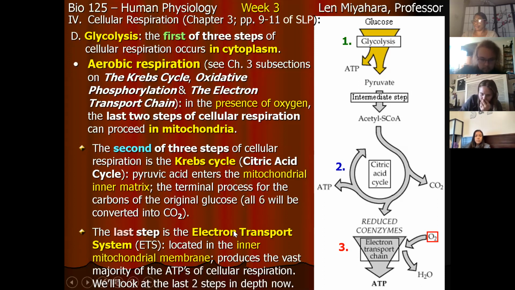So let's go ahead and review what's on this slide as far as the parts of the mitochondria, because you do have to know mitochondrial anatomy for these words to make sense. Remember that a mitochondria has 2 membranes.